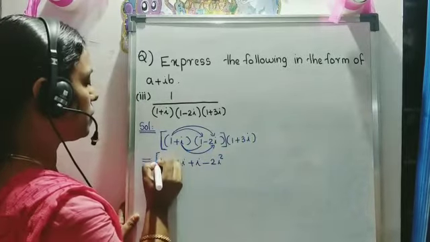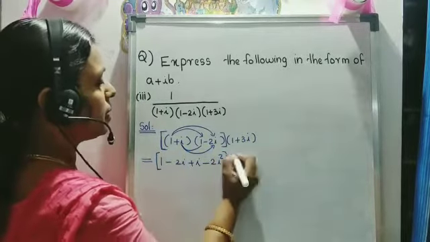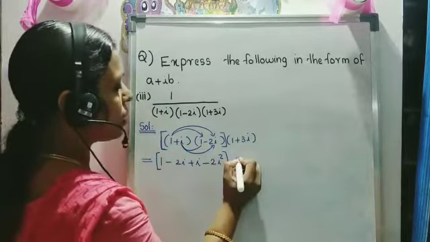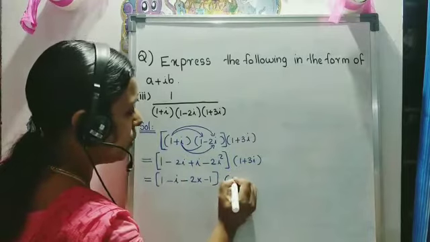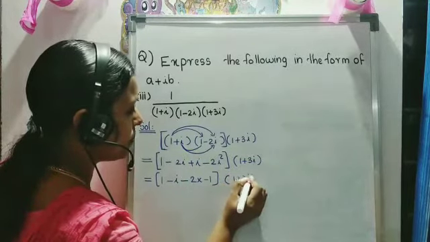Using brackets, then write (1 + 3i). That is equal to, minus 2i plus i, we get minus i, that is 1 minus i minus 2 into i², where i² is negative 1, times (1 + 3i).